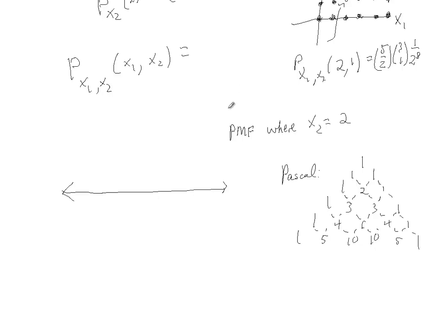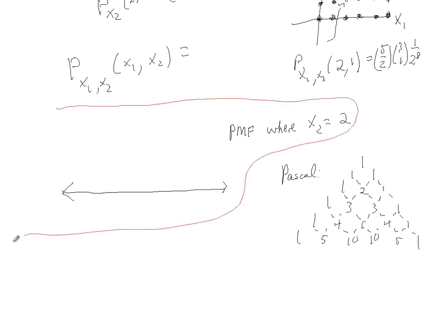Okay. So if I plot the PMF when x2 is equal to 2 right here, let me just put this in red so I can outline it. The values of x1 can be from 0 to 5. These values are going to be in this ratio.